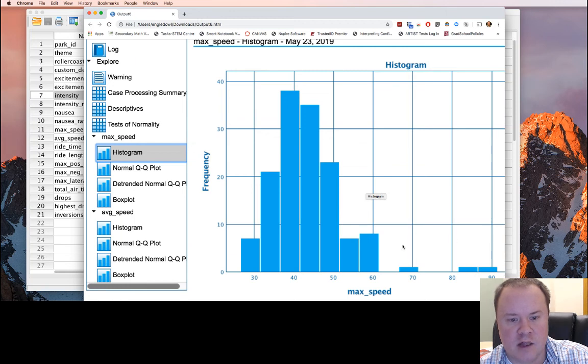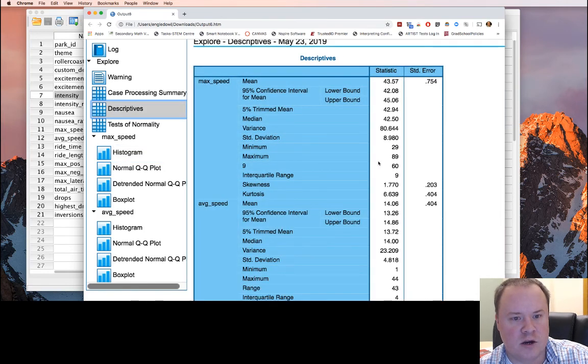And a lot of that has to do with these outliers that are out here, which is why we see the interquartile range to be quite a bit smaller than the standard deviation would indicate. So the standard deviation actually, if this was symmetric, about 2/3 of the data would be within plus or minus 1 standard deviation. So that would be a range of 18 miles per hour around the mean, whereas the interquartile range shows 50% of the data within a range of 9 miles per hour. So that's quite a big difference.